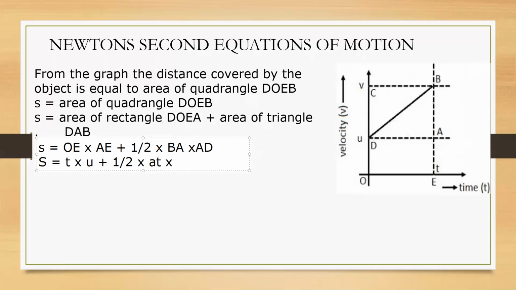And AD will be equal to OE, that will be equal to time T. Multiplying and writing, S is equal to U into T is UT, plus half AT into T is AT square. So we got S is equal to UT plus half AT square. This is Newton's second equation of motion, where U is the initial velocity, A is the acceleration, T is the time, and S is the distance covered by the object.